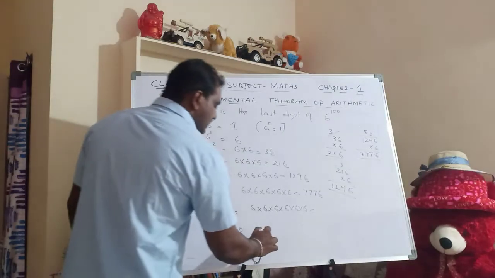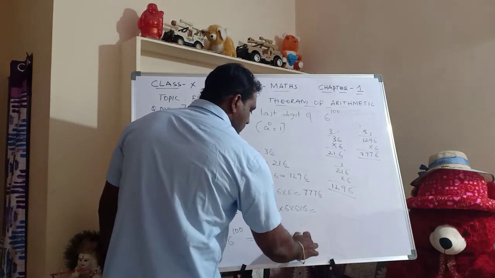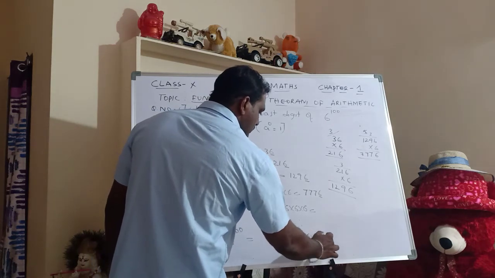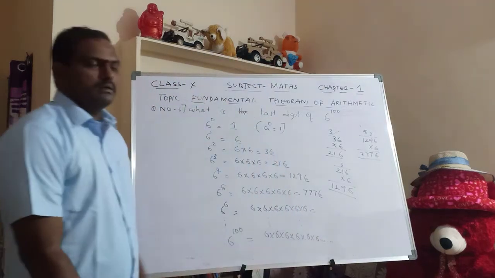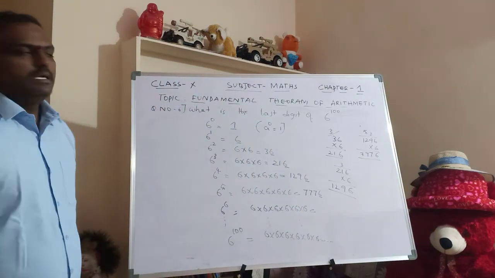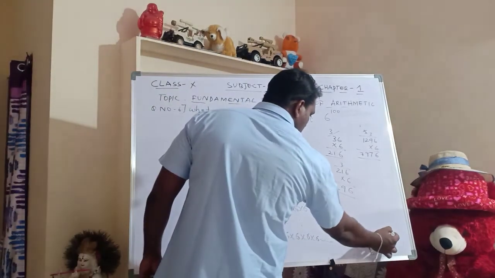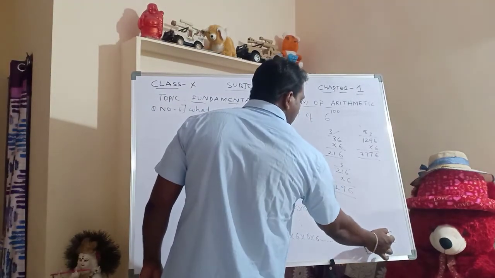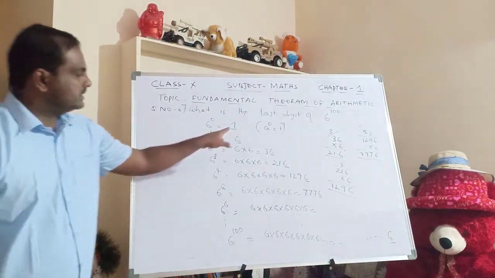That means 6 should be multiplied how many times? 100 times. So you will take minimum 2 days to do that type of sum. But without doing it, we can say the answer. What is the last digit of 6 power 100? 6. The last digit must be 6. That is the answer. So that is the pattern.